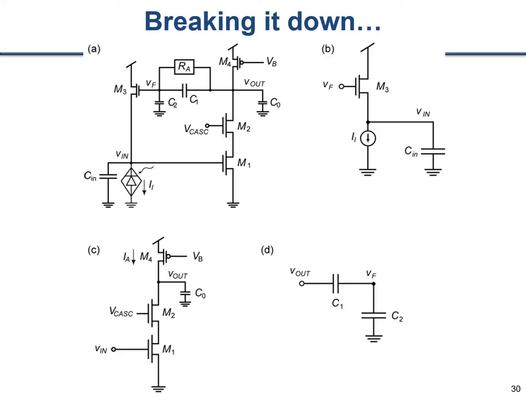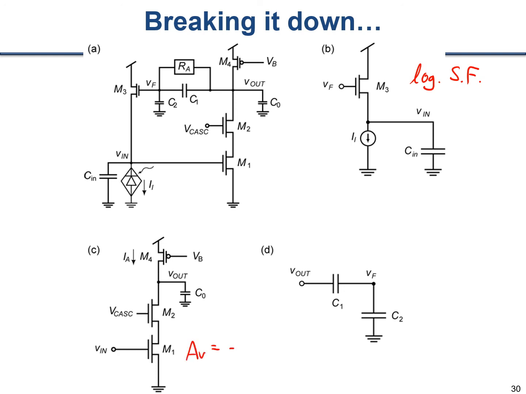So let's go ahead and break this circuit down. Part A is the overall circuit. Part B, we're going to call the log source follower. This is basically what we just derived in that previous circuit. And this gain stage in part C here is just a cascode amplifier.